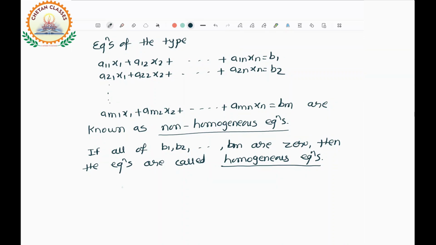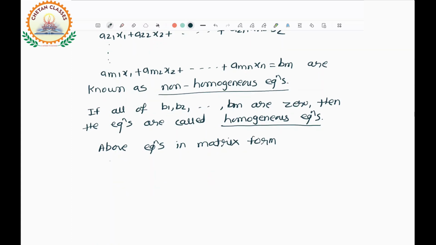So these equations we write in matrix form. So we get a11, a12 up to a1n, a21, a22 up to a2n, am1, am2 up to amn.